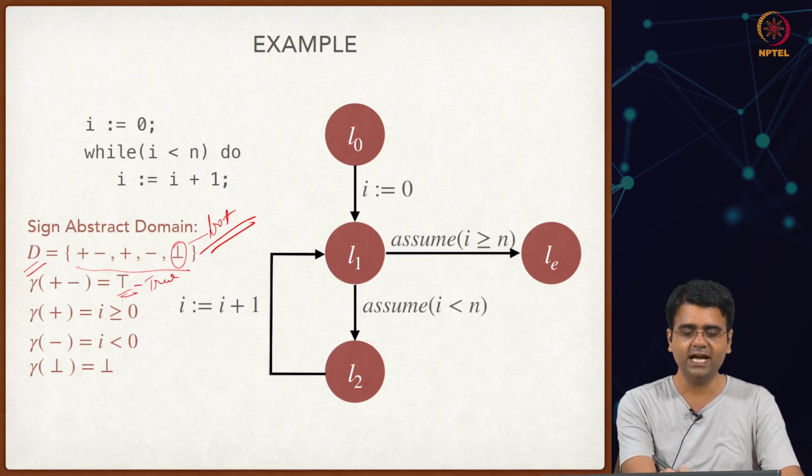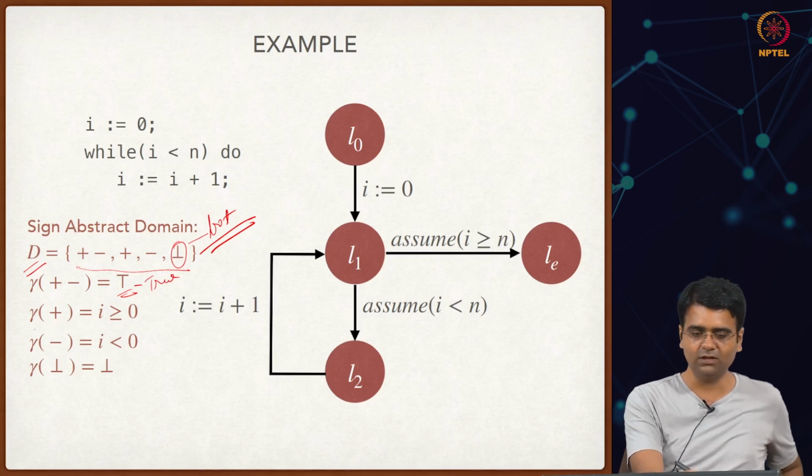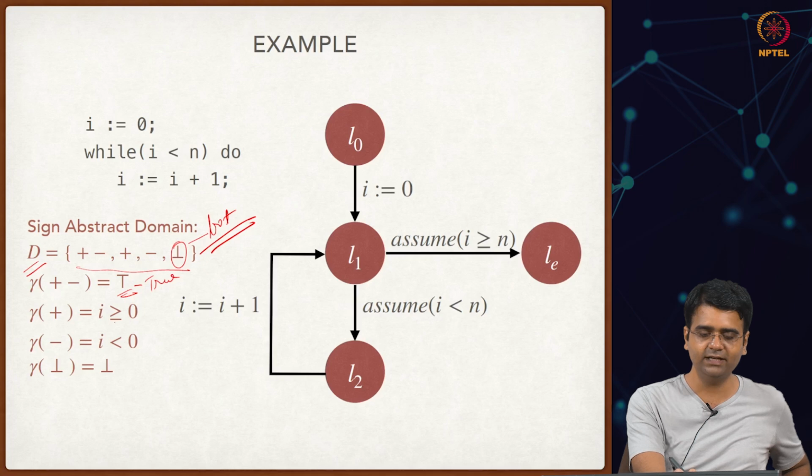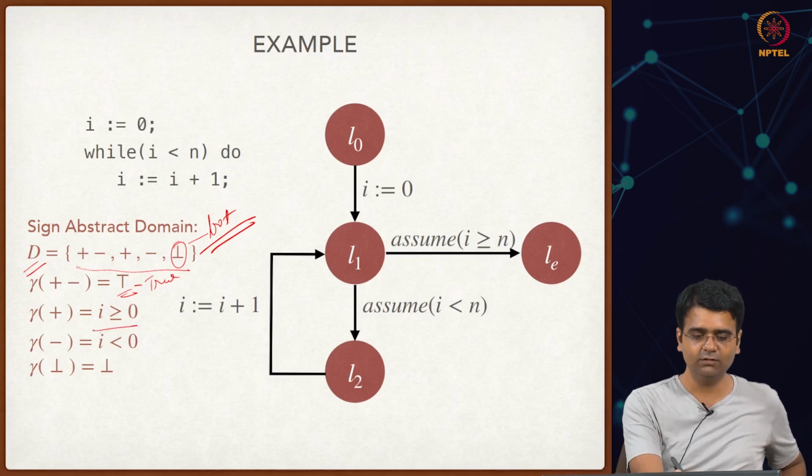While plus is approximating those concrete program states where the value of I is greater than or equal to 0. I don't care about the exact value of the variable I, but the entire set of program states where the value of I is positive is approximated by a single element of the abstract domain, which is just this element plus.